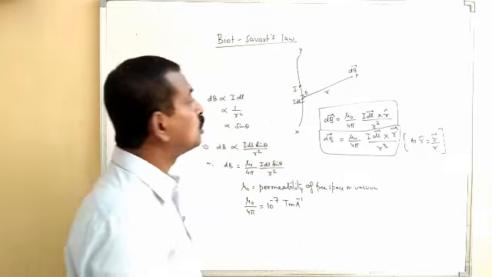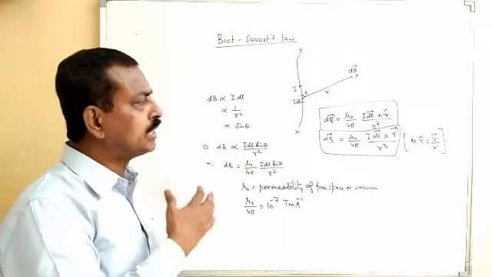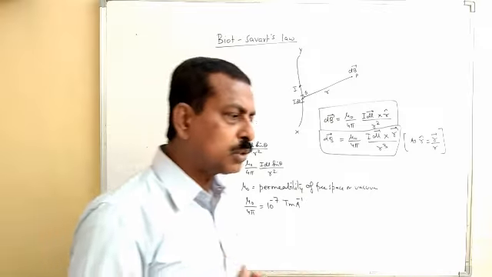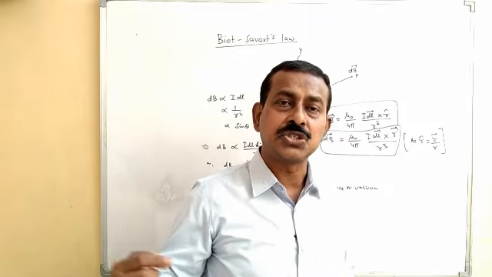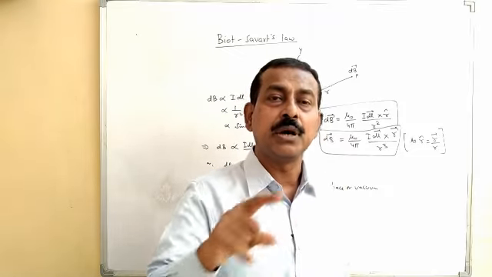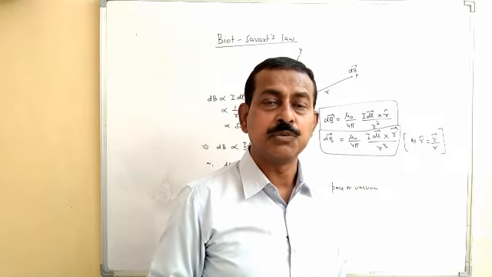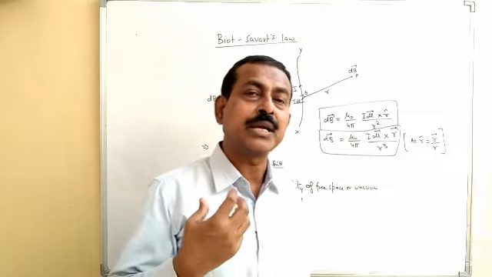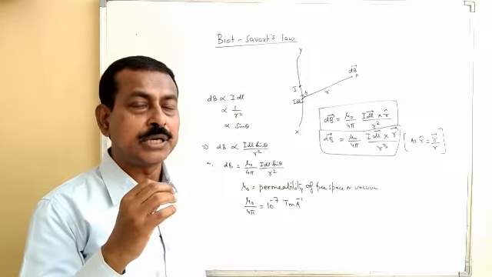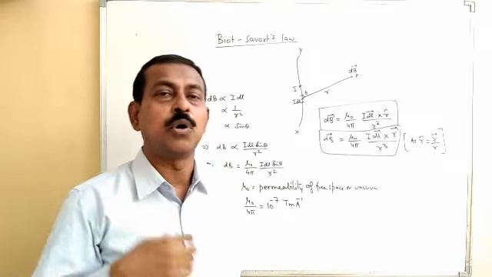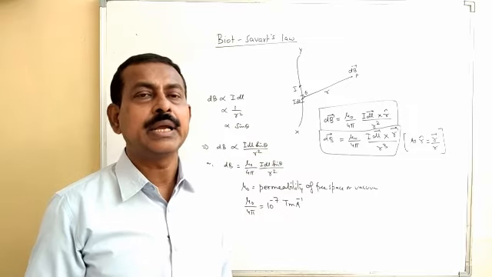Now we can use the Biot-Savart law for different cases. You may have a straight wire carrying current, or a circular conductor carrying current. We can find the magnetic field due to the circular current-carrying conductor at a point, maybe at the center, on its axial line, or at any other point.